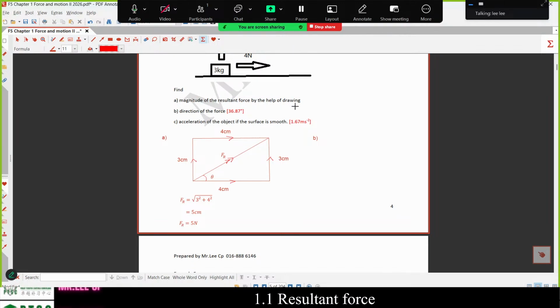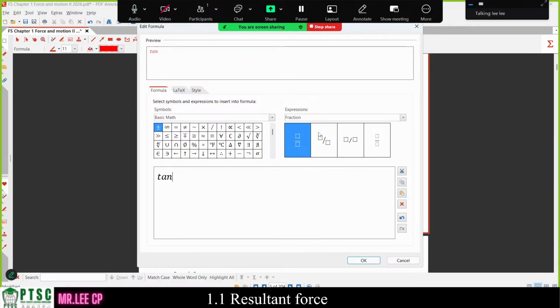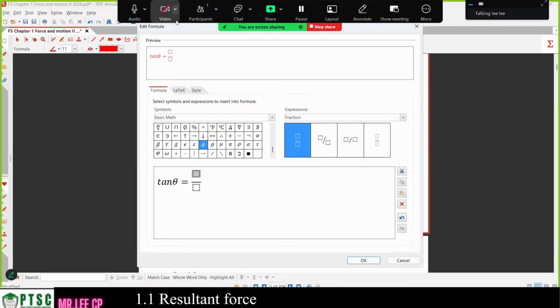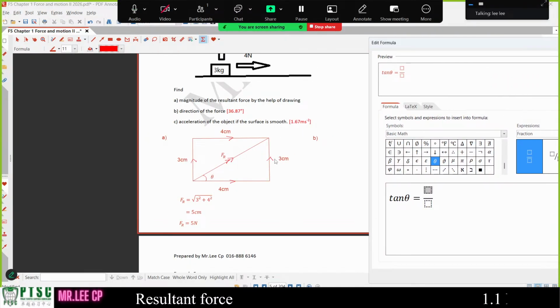We're going to use tangent. Tangent theta is equal to opposite over adjacent. Opposite is 3, adjacent is 4. 3 over 4.